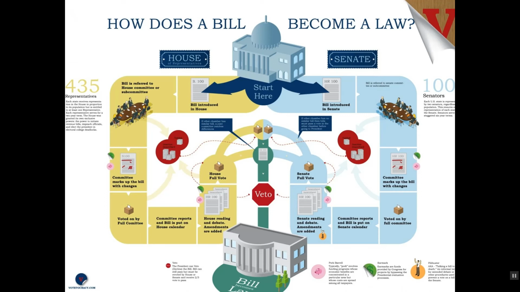Once you have your bill formally introduced, the author takes it to leadership, and the leadership refers it to a committee. A committee is a select subgroup of members chosen from the chamber at large for their special interest or expertise in a particular issue area. So, for example, there is an infrastructure committee that primarily focuses on making an initial assessment of all legislation dealing with things like roads, highways, or other infrastructure projects.